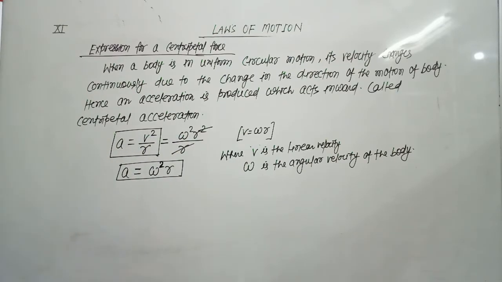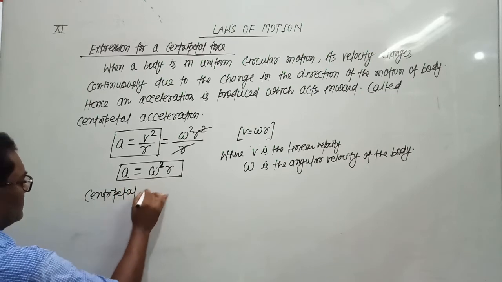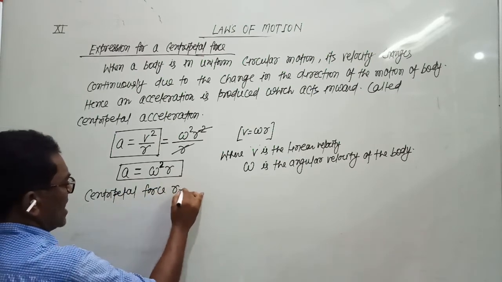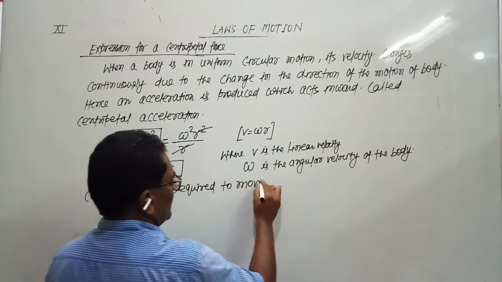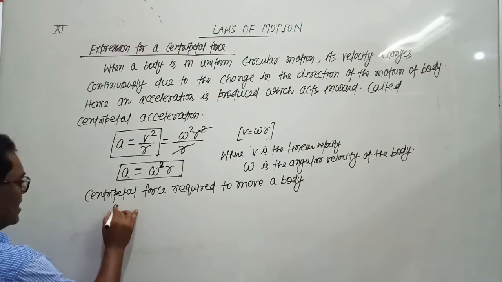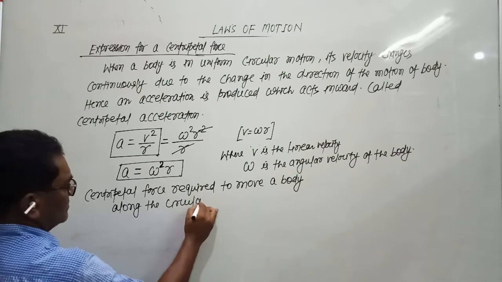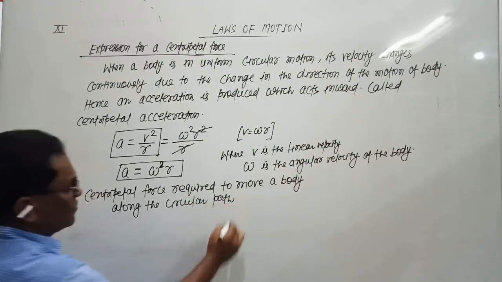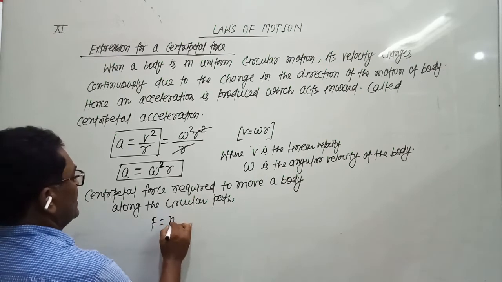The centripetal force required to move a body along the circular path is given by F equals m into a.